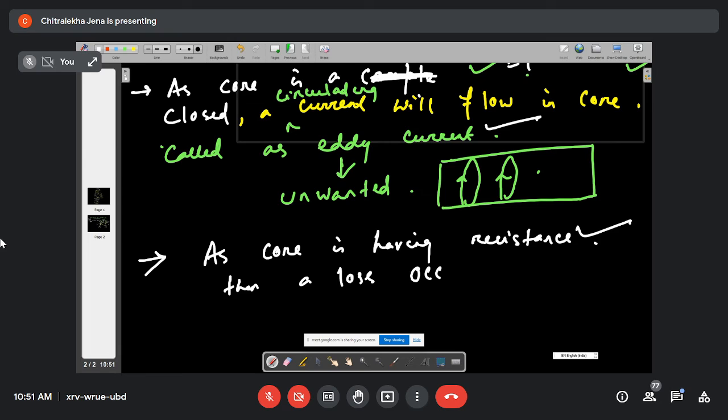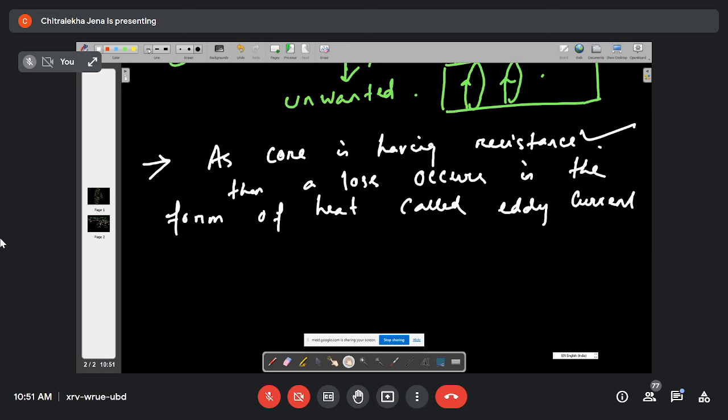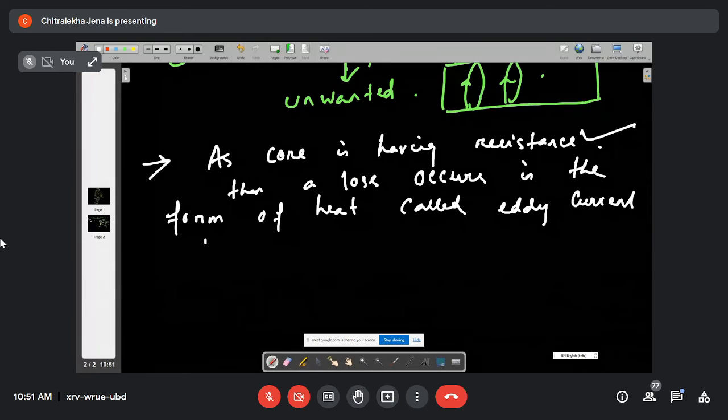Loss occurs in the form of heat. The loss will be in the form of heat, called which loss? Eddy current loss. Eddy current loss. Clear to all of you?